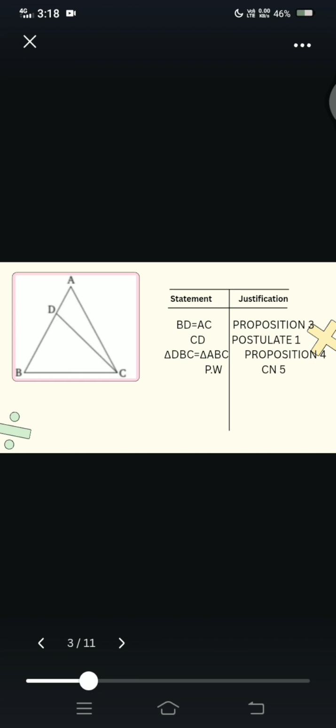So according to Common Notion 5, the whole is greater than the part, meaning triangle DBC is not equal to triangle ABC. Therefore, since the assumption fails, line AB and line AC are equal.